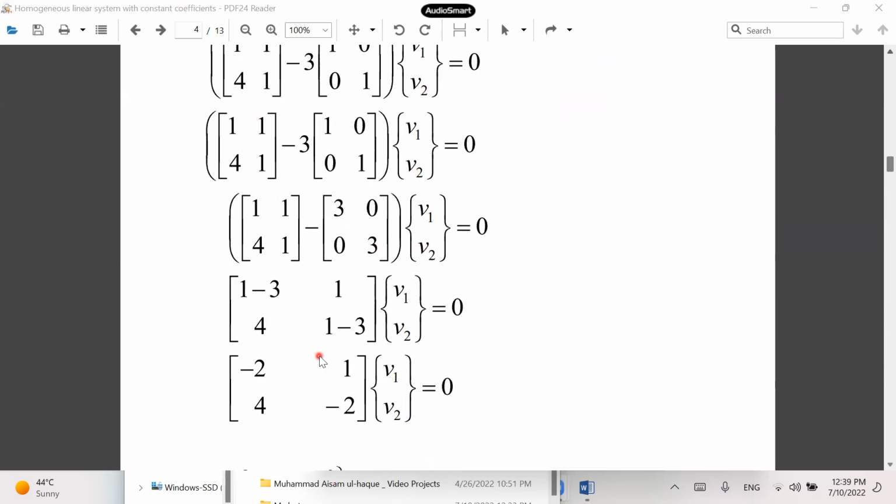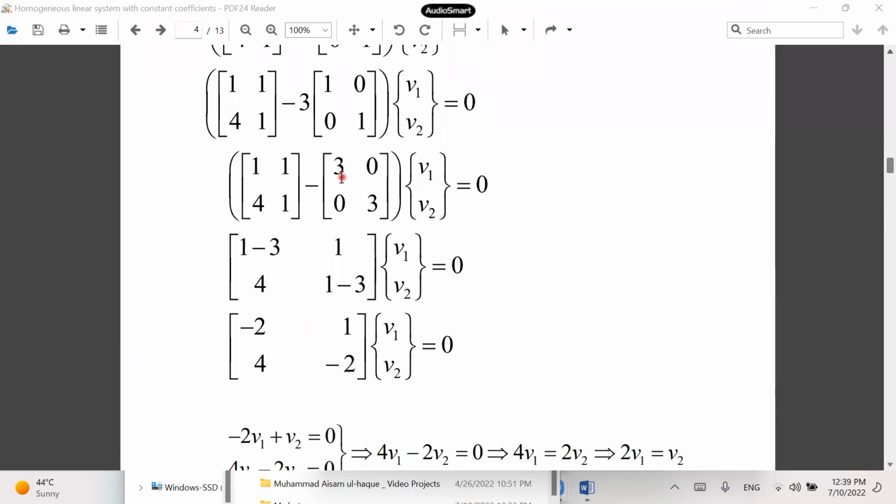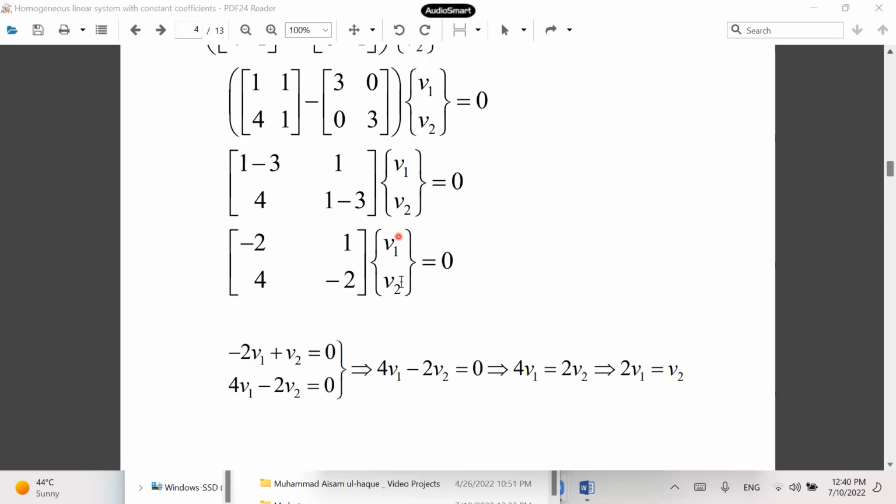Simplifying, 1 − 3 is −2, 1 − 0 is 1, 4 − 0 is 4, and 1 − 3 is −2, multiplied with the vector v1 and v2.